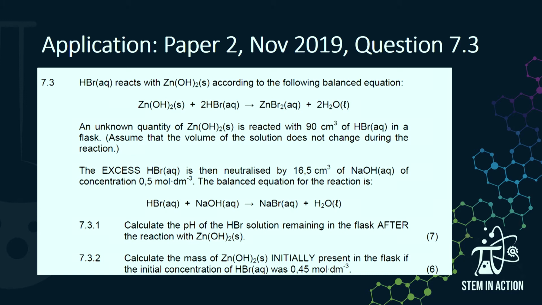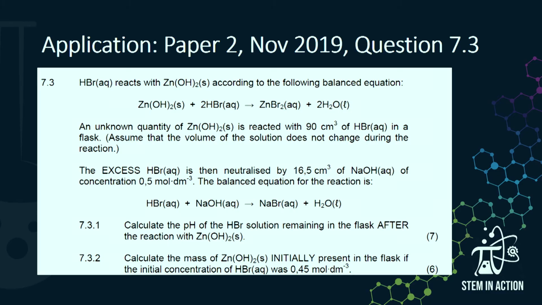The excess HBr is then neutralized by 16,5 centimeters cubed of sodium hydroxide of concentration 0,5 mole per decimeter cubed. The balanced equation for the reaction is given. 7.3.1. Calculate the pH of the HBr solution remaining in the flask after the reaction with zinc hydroxide.